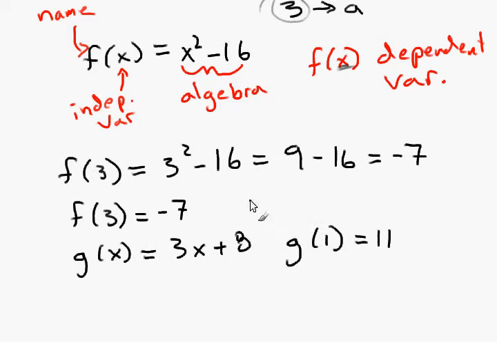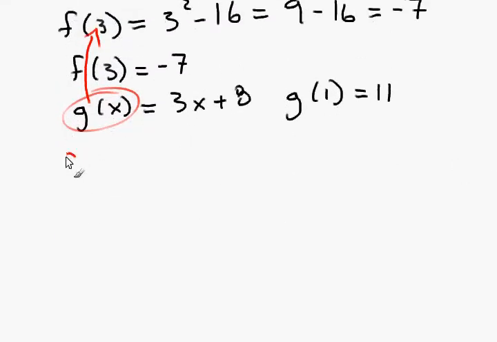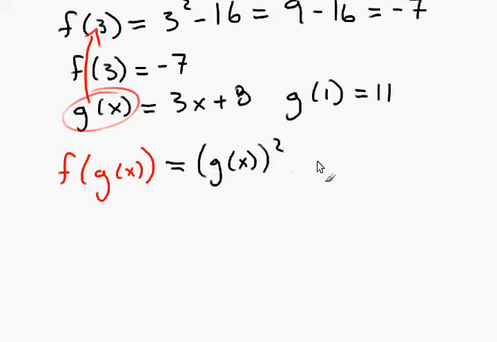I wonder. Could I take g of x and apply f to that? Could I look at, say, f of g of x? What would that look like? Well, instead of x squared, I'd have g of x squared minus 16.